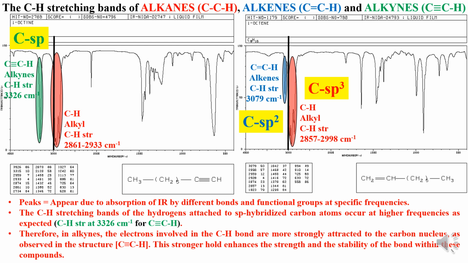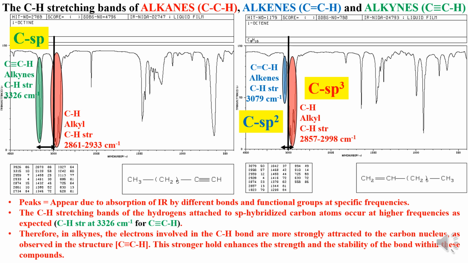And this stronger hold of the electrons by the positively charged protons of the carbon atom enhances the strength and stability of the bond within this class of compounds, that is alkynes. And therefore, their polarity and the strength of the bond increases. And you can see the shift in the CH stretching. So the shift in the CH stretching for alkynes is more as compared to that of alkenes.